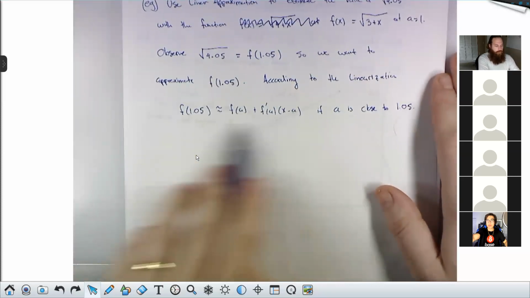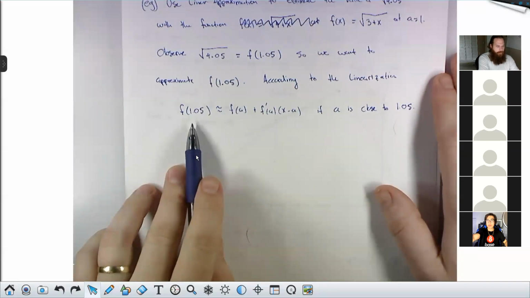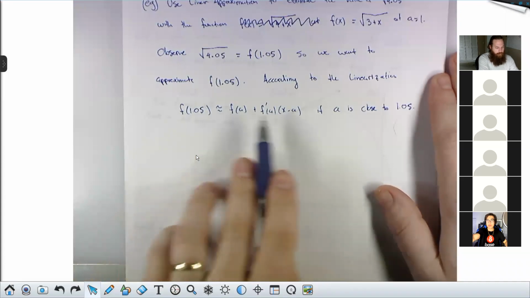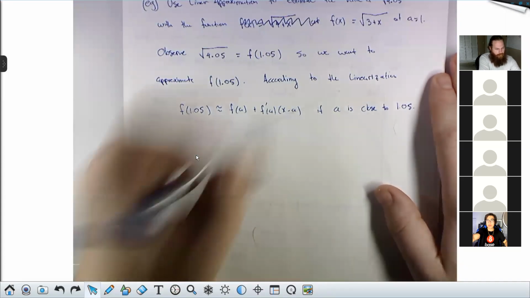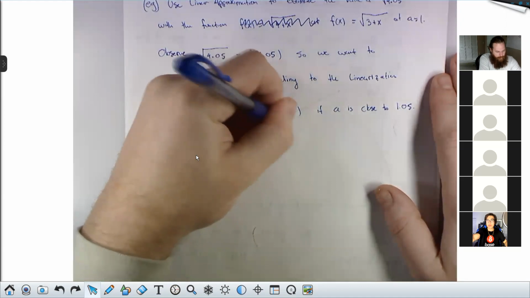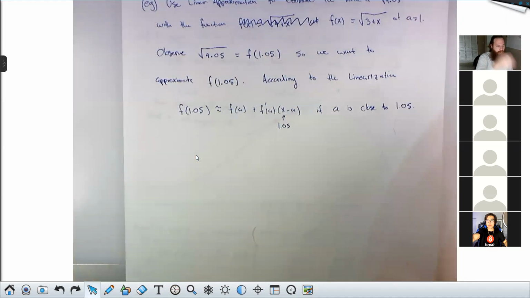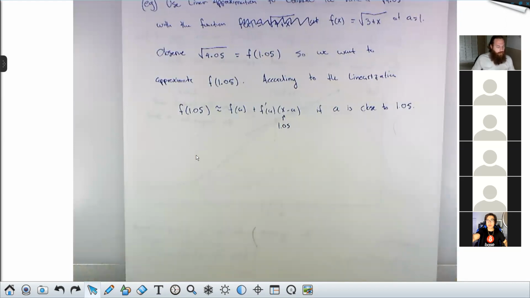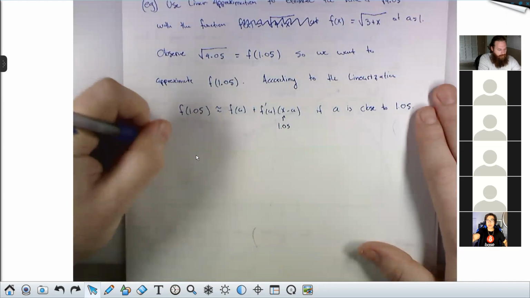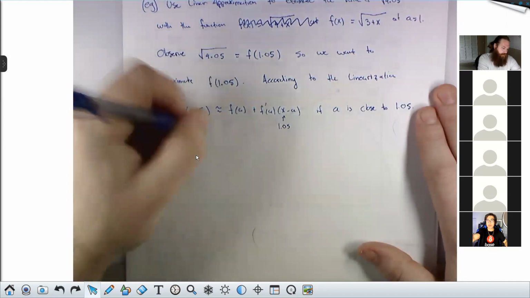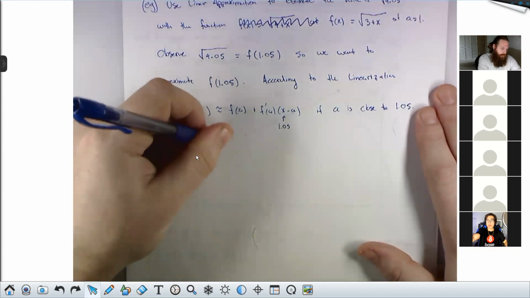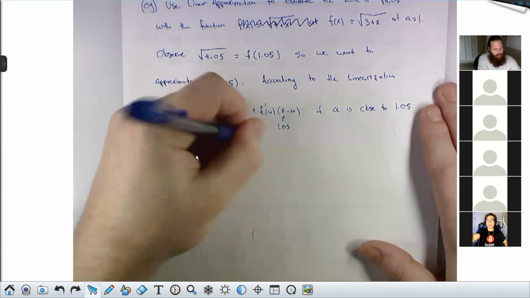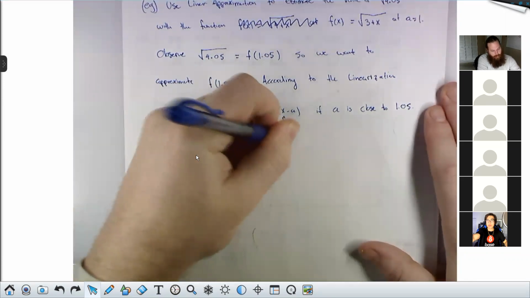This is my linearization formula. And it says f of x is approximately equal to f of a plus f primed of a times x minus a. Oh, I'm sorry, this should be 1.05 minus a, as long as a and x are close. So I'm going to build the linearization. In other words, I'm going to find the tangent line at a equals 1.